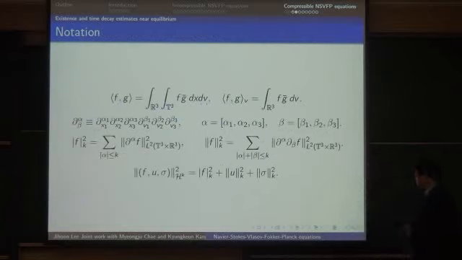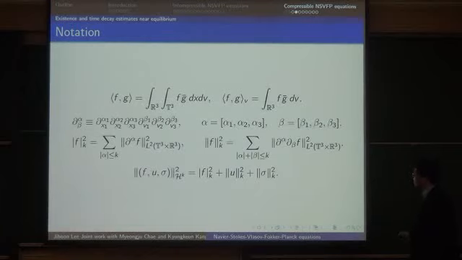So actually, these are some notations. This is just the L2 inner product with respect to x and v, and this is the L2 inner product with respect to v.